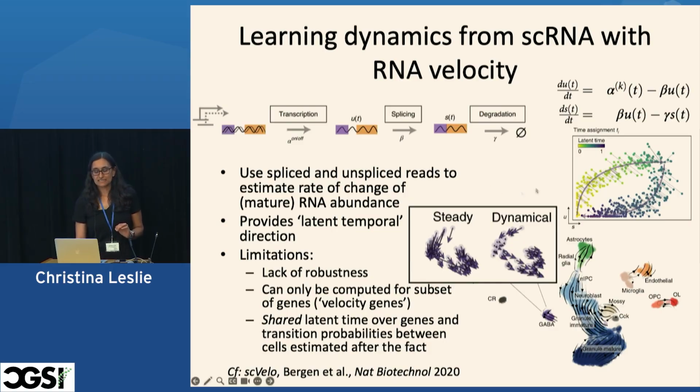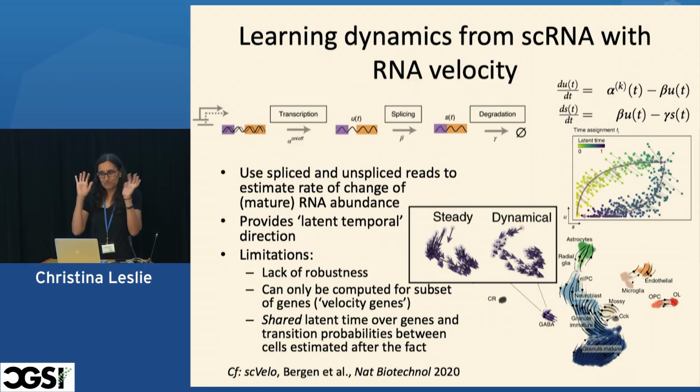So their idea is that from the actual count data, so this is RNA-seq only, you can get spliced reads and unspliced reads. So reads from coding regions and reads from the introns. And the intronic reads are telling you about the pre-mRNA, the less mature RNA, and the exonic reads are mature RNA.